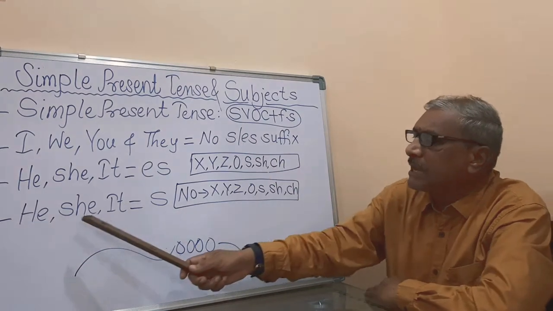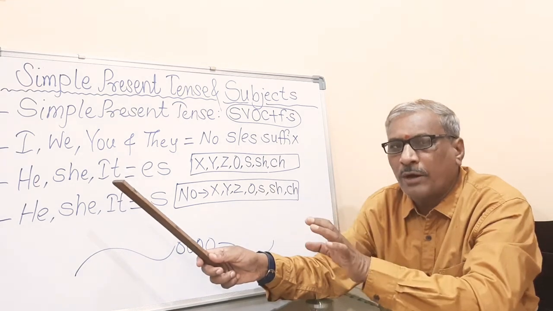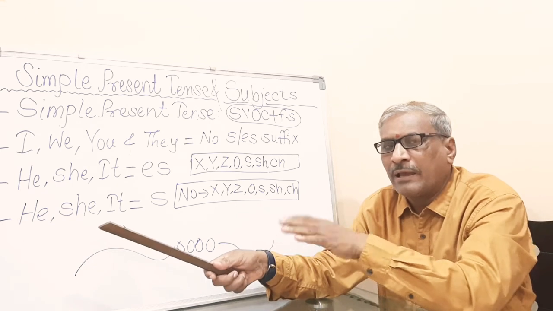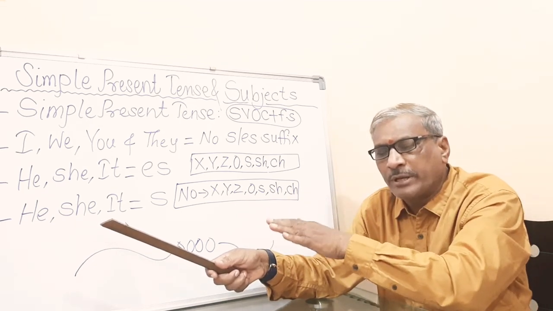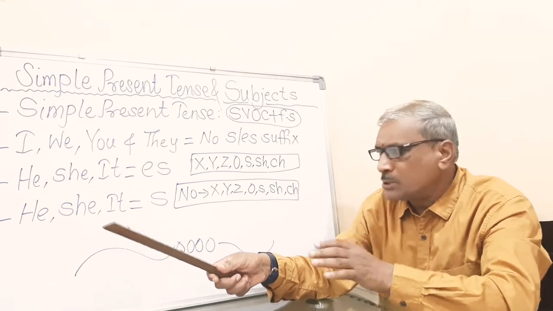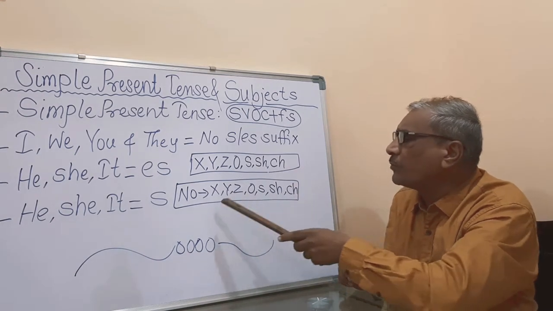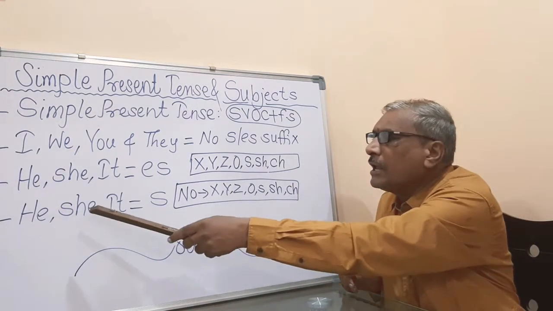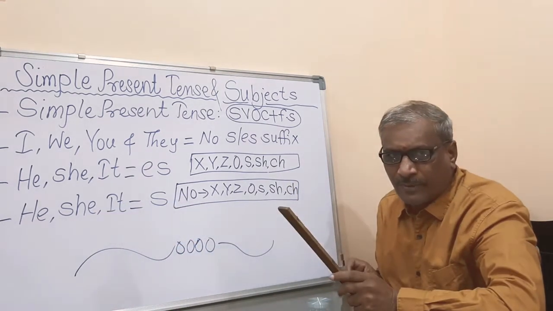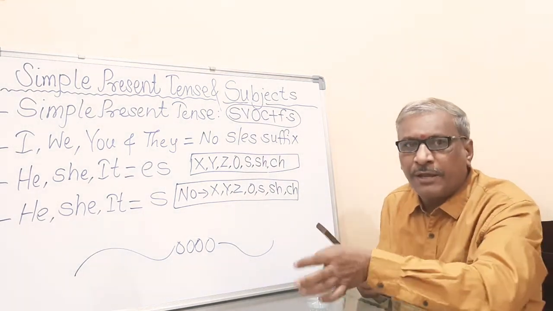For example, we can say he walks, W-A-L-K, walk. So at the end of this verb, what is there? K is there. So K is not among these, and that's why we say he walks, she walks, it walks. Then again we can take enter, E-N-T-E-R.